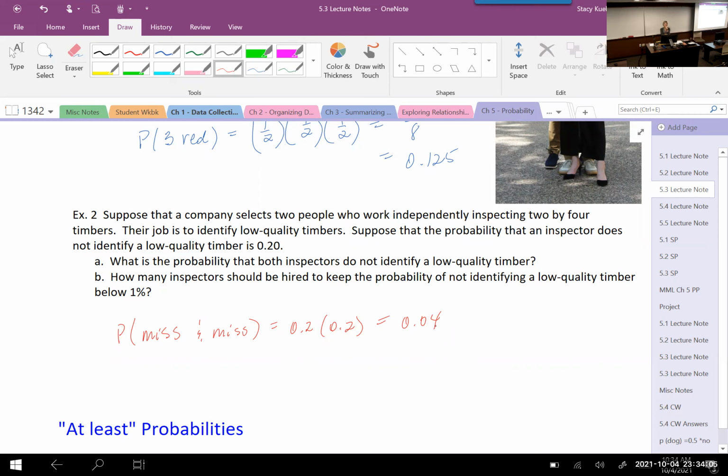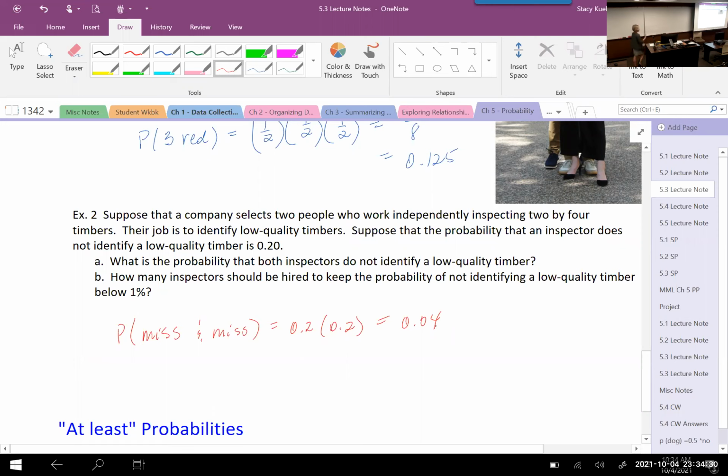I've got guy 1 over here, he misses it 20% of the time. I got guy 2 over here, he misses it 20% of the time. The combination of those two guys missing it is only 0.04, or 4%. How many inspectors do I need to have to keep the probability below 1%? 3. Did you all get 3?